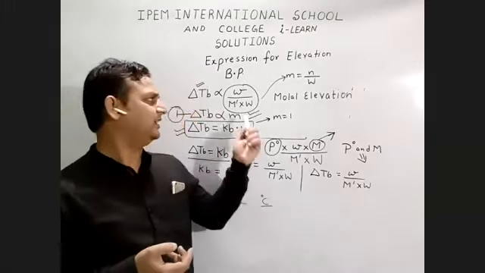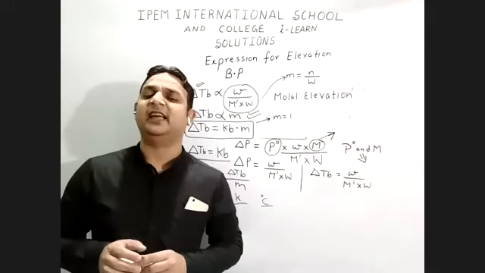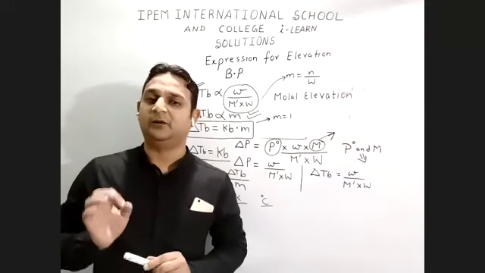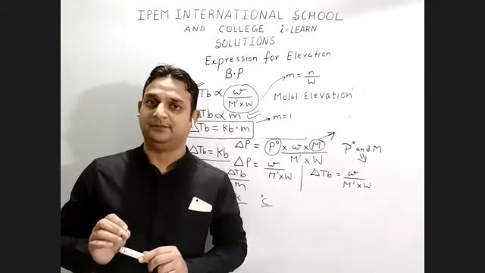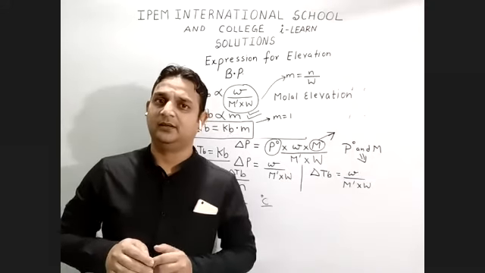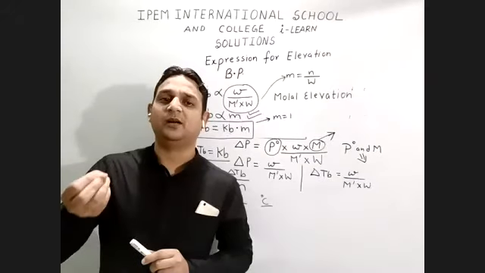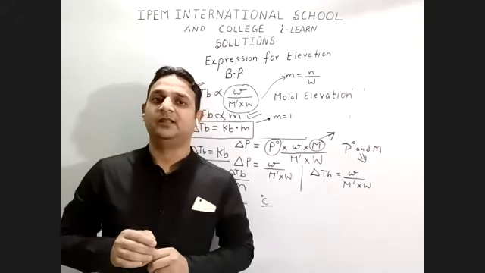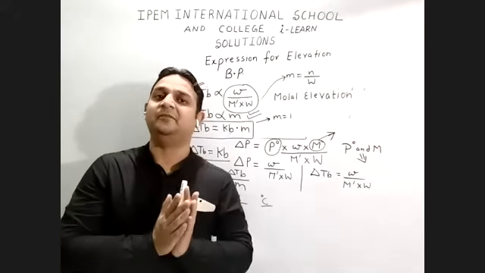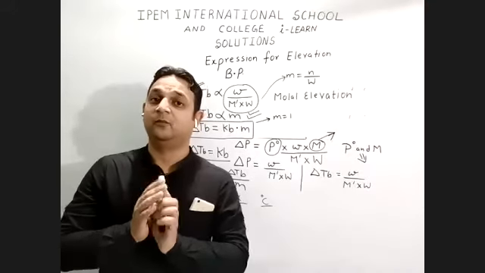Second important thing regarding the elevation of boiling point: we have equimolar solutions of a solvent. Any non-volatile solute, or non-electrolyte solute you add, they all have the same elevation of boiling point.